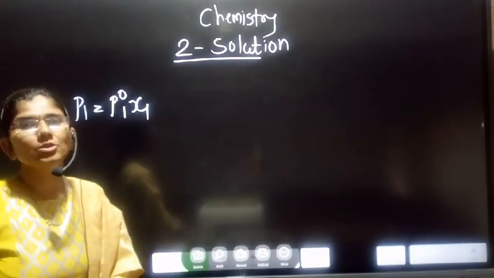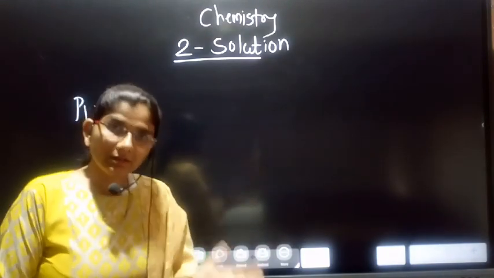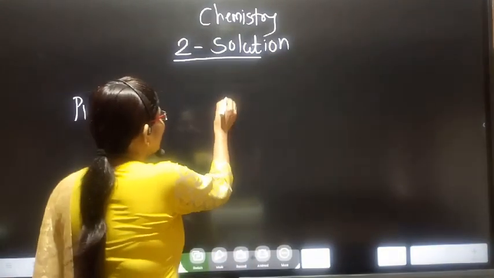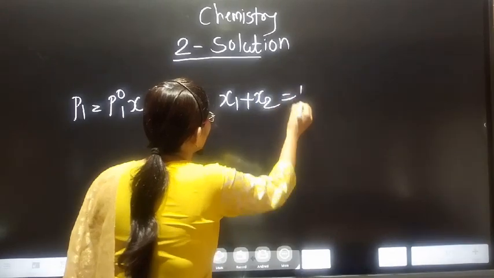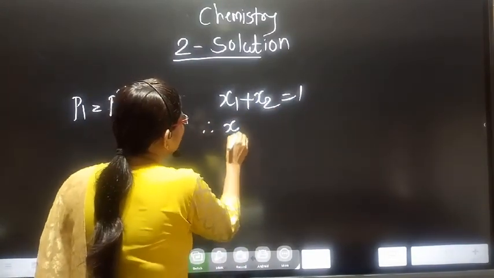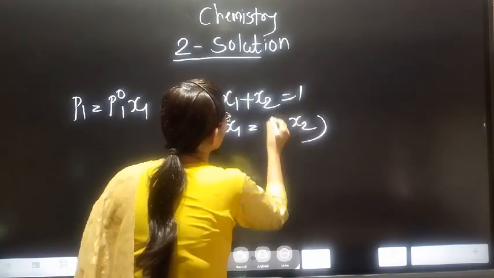But as we know from our 11th standard second topic, X1 plus X2 is equal to 1, and therefore X1 is equal to 1 minus X2.